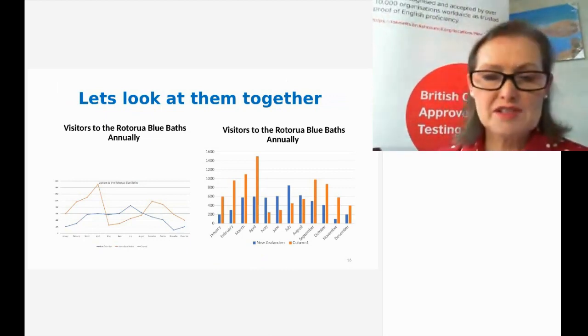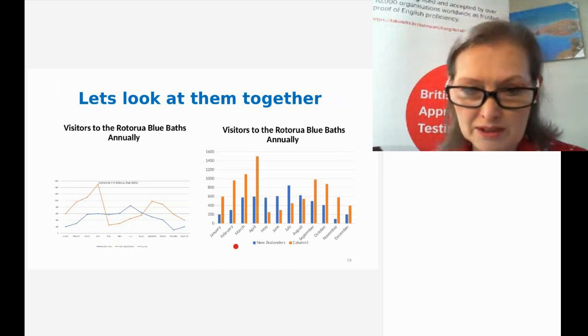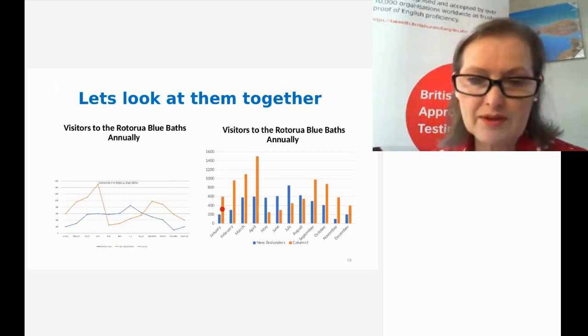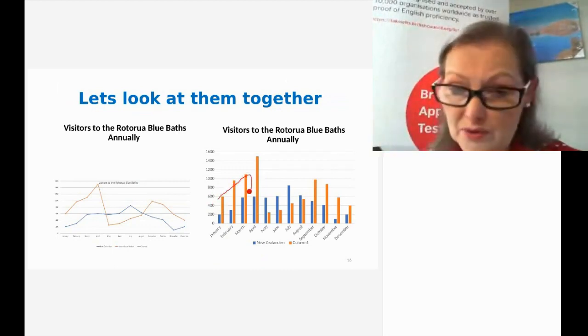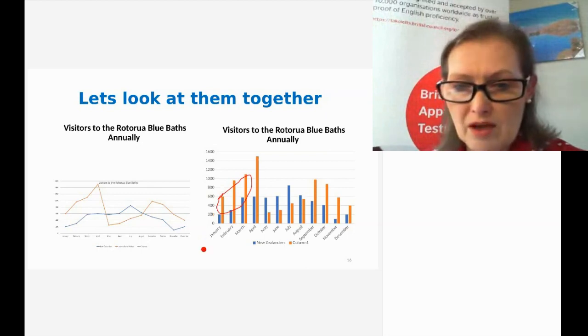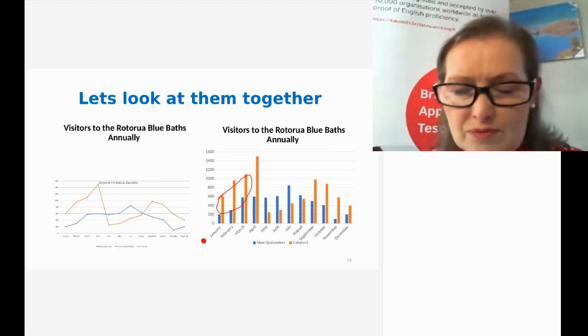So I've still got my language of movement, and I can still certainly use that in my line graph. There we can see the same trends. So we can talk about the number of visitors for both increased. Here, when we move into bar graphs, we can also start to use other language.